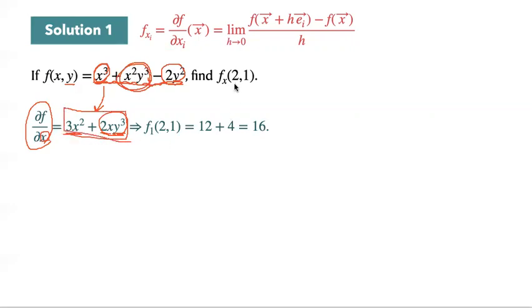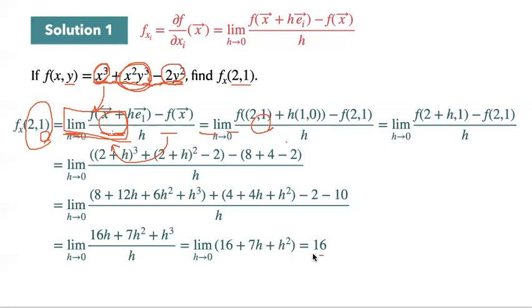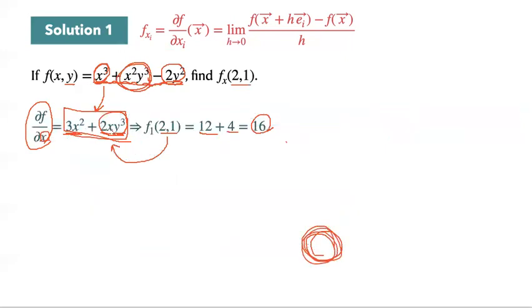And we want to find the partial derivative at (2, 1), right? So I just put x equal to 2, y equal to 1 here. Then we get 3 times 4, so 12. And here, 2 times 2 times 1, so it'll be 4. So we get 16, right? You can see that we have the same answer, okay?